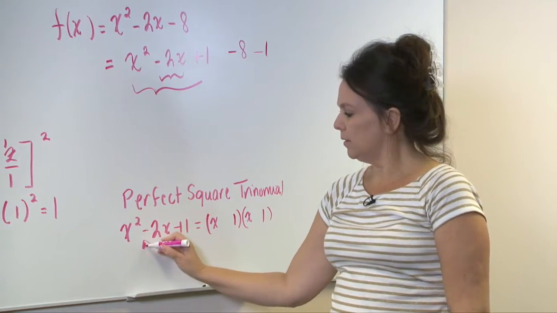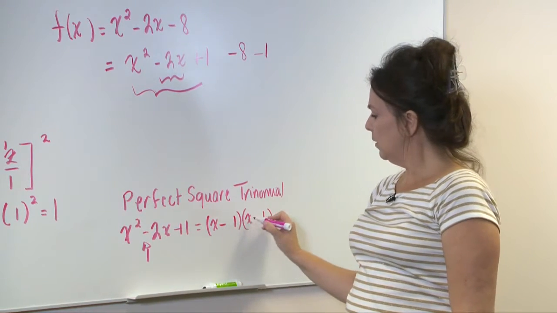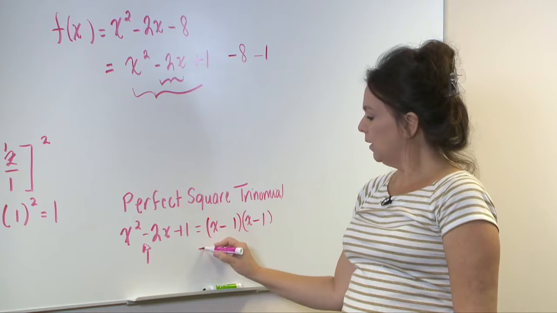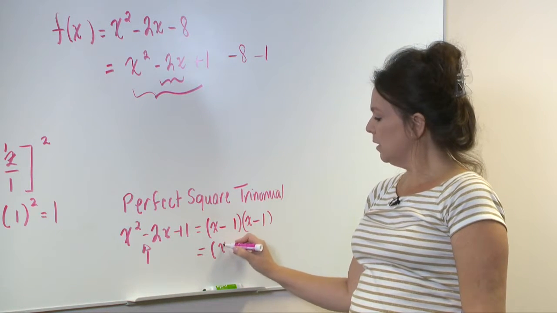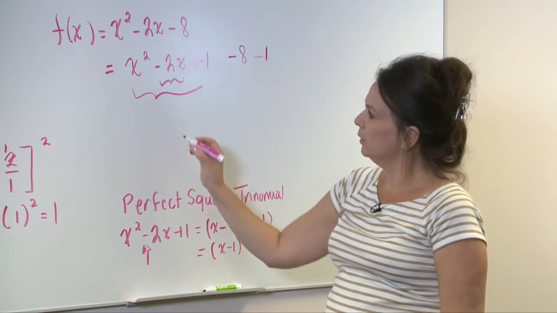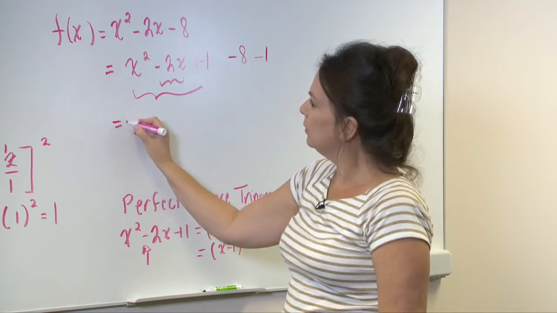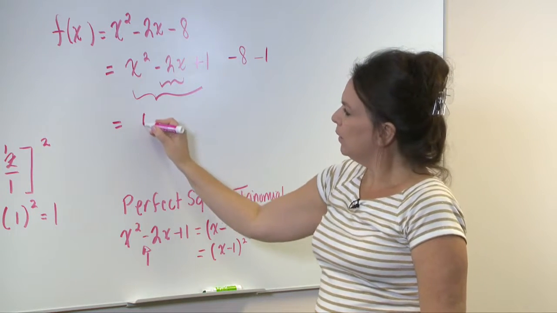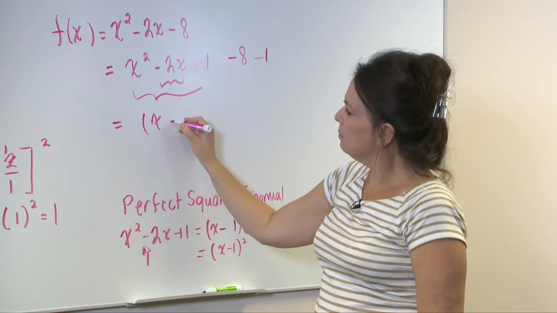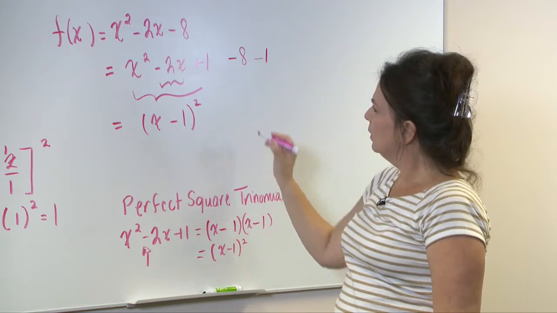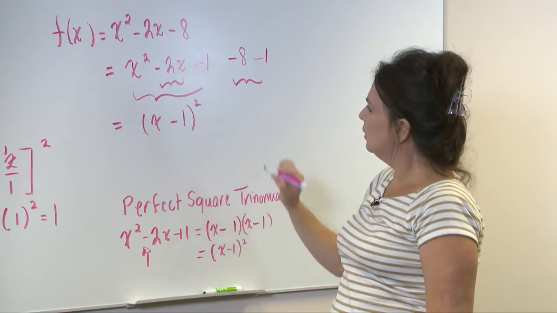If this sign is negative here, then both binomials will have a negative sign. I can condense the way I've written this and write it as x minus 1 squared. So if I factor this trinomial, x squared minus 2x plus 1, I can write it as x minus 1 squared.